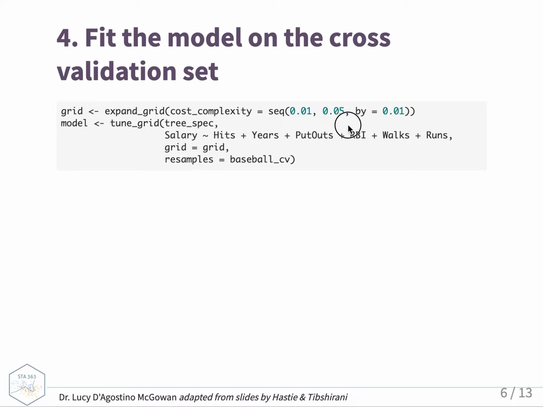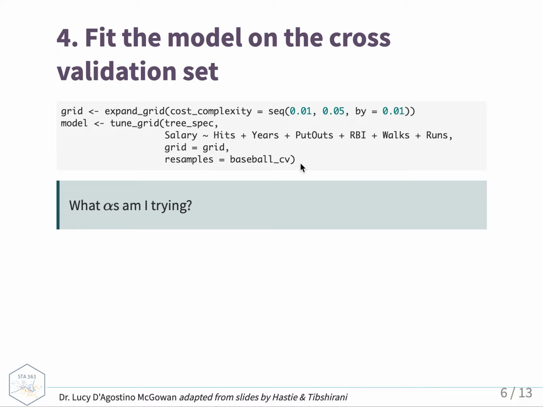I've decided that I'd like to add some extra variables here, and so now I'm going to be trying to model salary. I'm predicting salary based on these variables: hits, years, putouts, RBIs, walks, and runs. I specify my grid, and then I specify my resamples, which in this case is the baseball underscore CV object. That's that six-fold cross-validation.